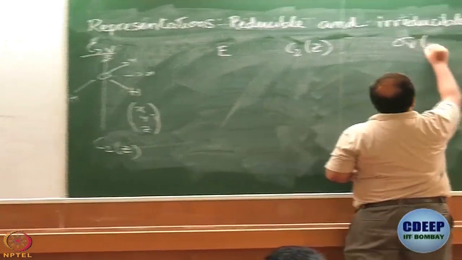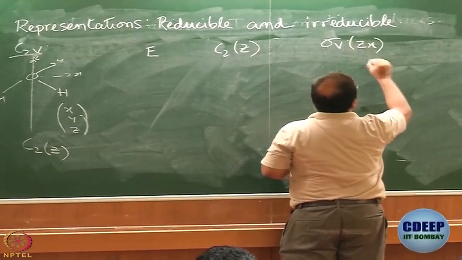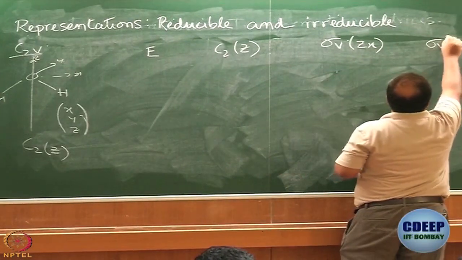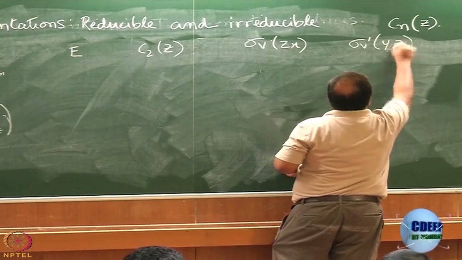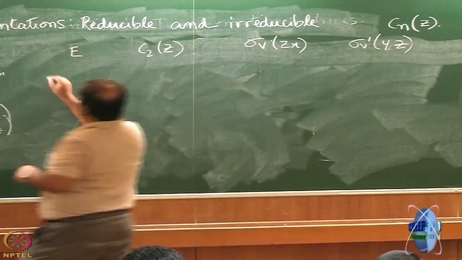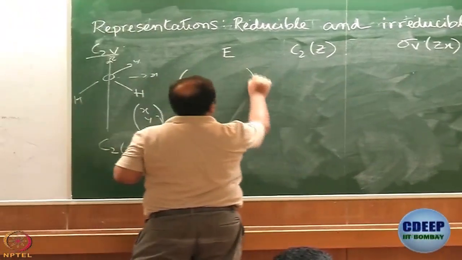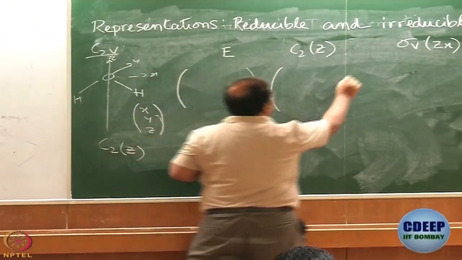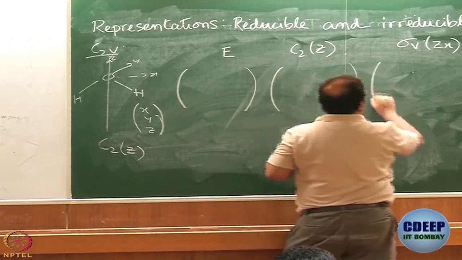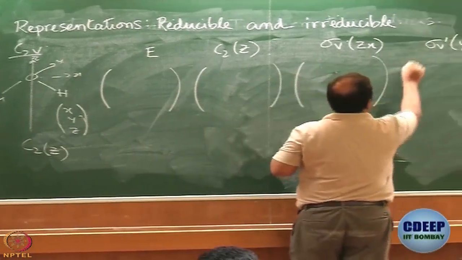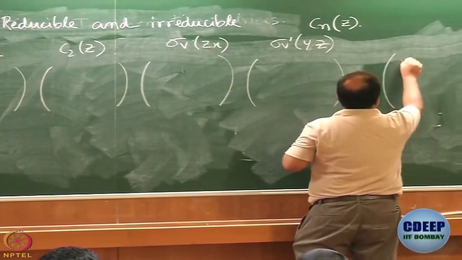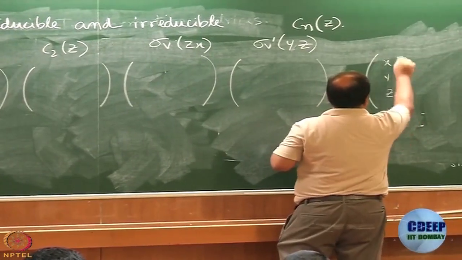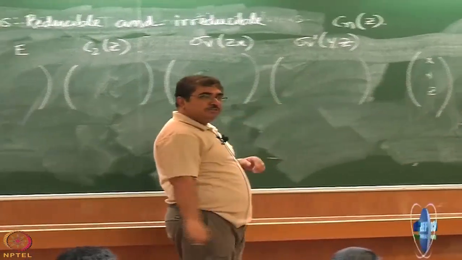Sigma v is ZX, and sigma v dash then will be YZ. What we want to do is work out the transformation matrices for each of these symmetry operations using X, Y, Z as basis. So far so good.